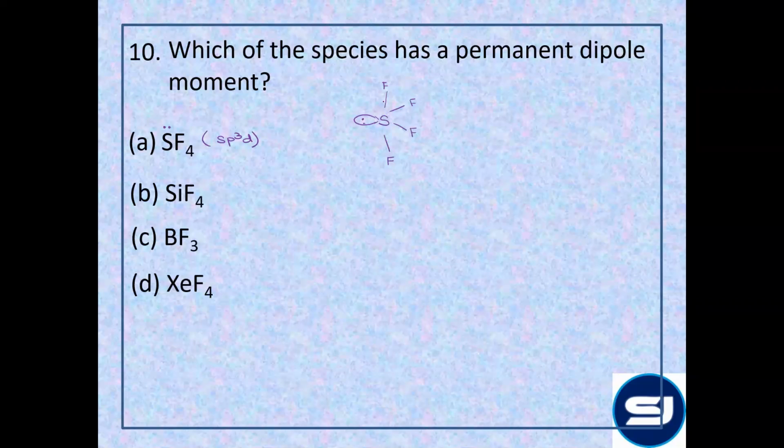So here, will it have a dipole moment? Is it getting cancelled?